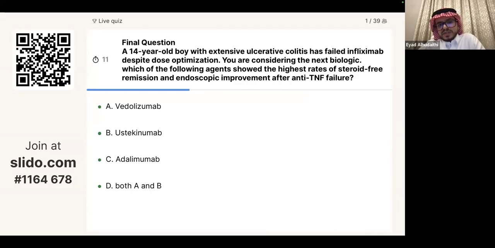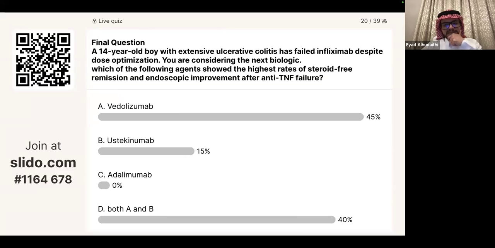So what would you choose after anti-TNF failure in extensive UC? So the correct answer is ustekinumab.